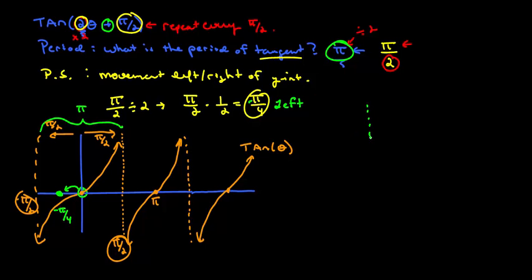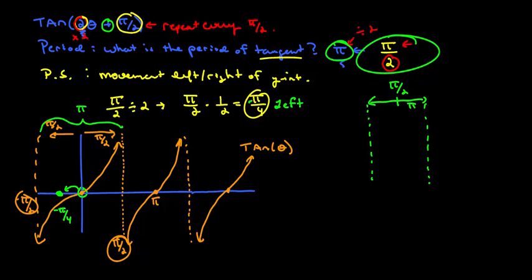Between my lines, I only want this to be pi over 2 because that's how long it's going to take to repeat itself, like this. So I need each of these to be half that, which is pi over 4.